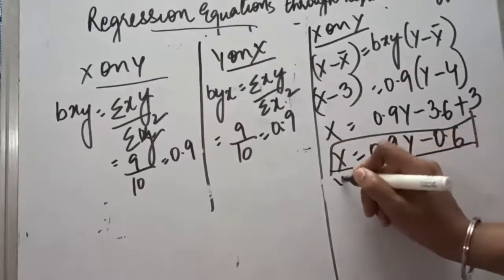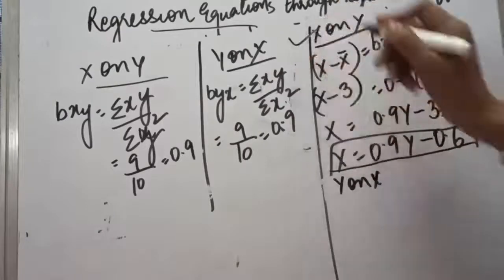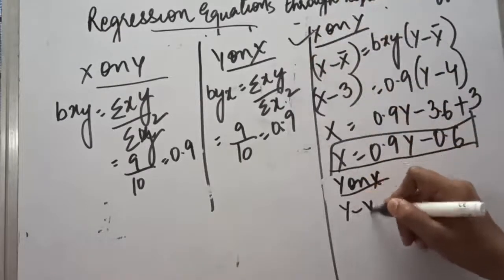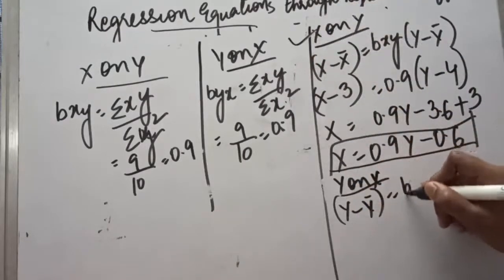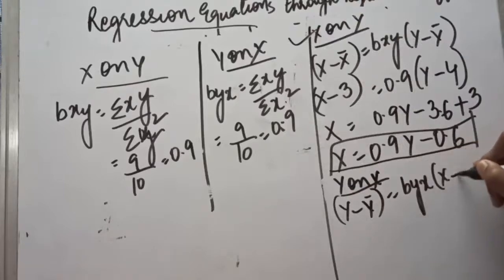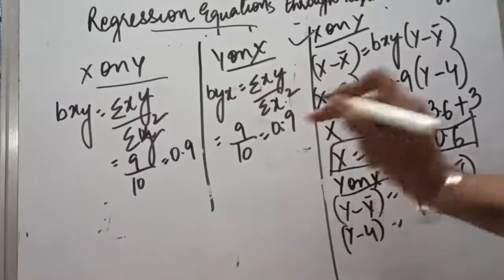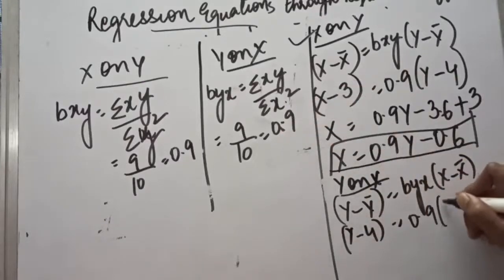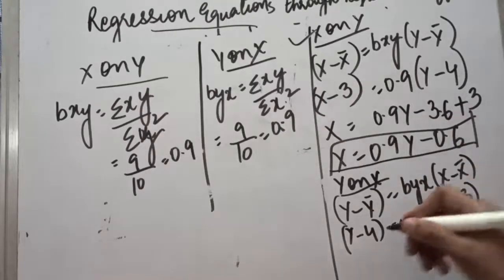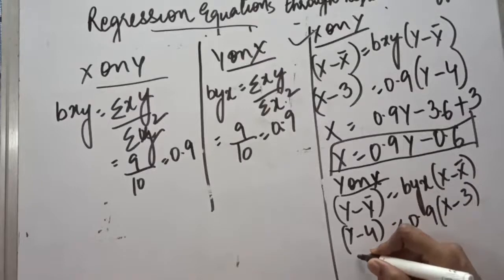For calculating the second equation, y on x, we will move ahead with the same method. Y minus y mean is equal to byx times x minus x mean. Just put the values over here. Y minus y mean was 4. Byx has come out to be 0.9. X minus x mean was 3. When y on x equation has to be calculated, y should be on the left hand side.